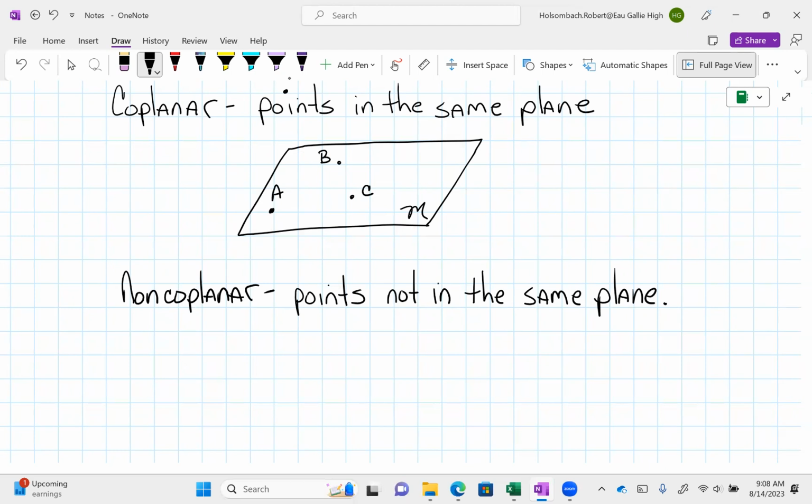All right, so A, B, and C are coplanar. But A, B, C, and D are not coplanar, are they? Points B and C are coplanar. But C and D are not coplanar. Okay?